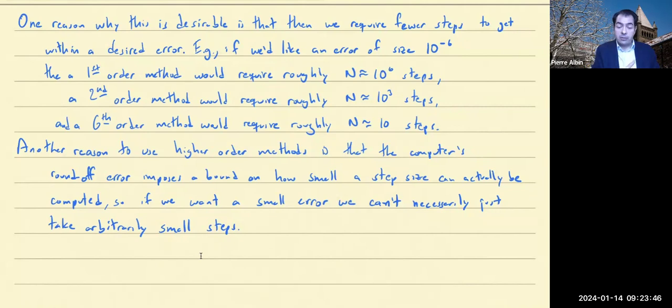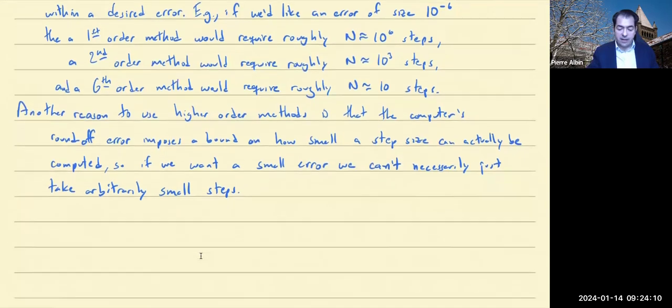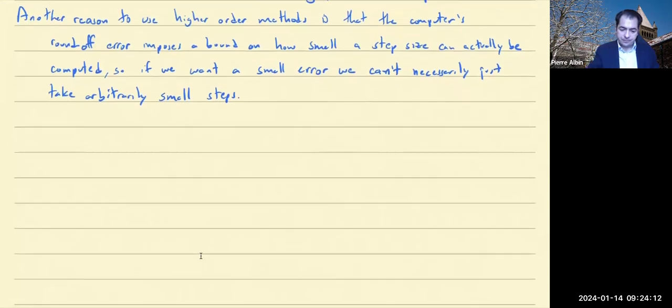Of course, your computer has a much better round off error. It can handle much longer strings of digits, but it still has some bound on how many digits it can handle. And so you can't just take arbitrarily small steps and use Euler's method to get an arbitrarily small error. So that's why you want to have higher order methods. So here is one that's known as the improved Euler method.